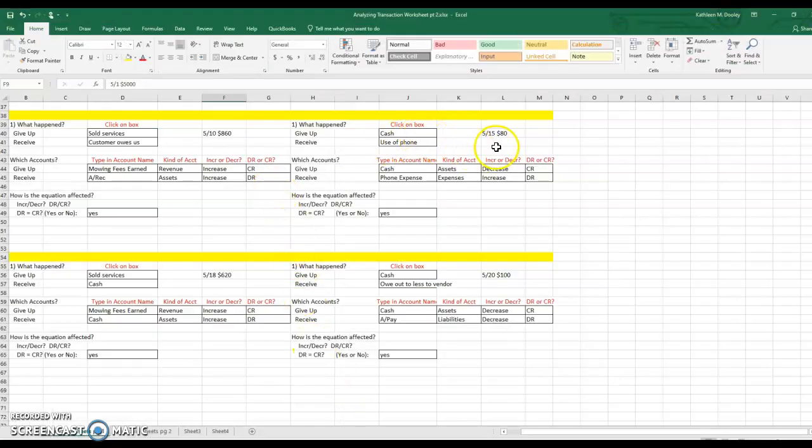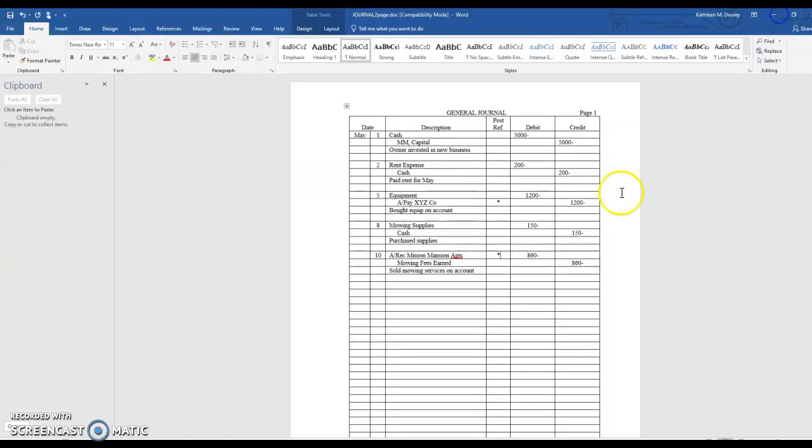Okay, next one, we're debiting phone expense, crediting cash on the 15th for $80. Debiting telephone expense, $80. Crediting cash.